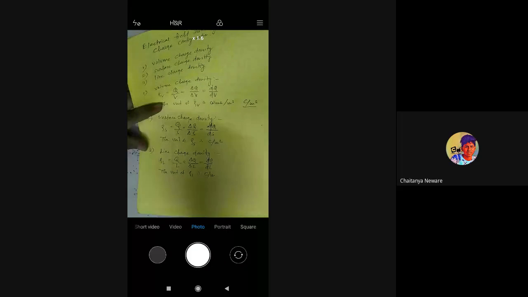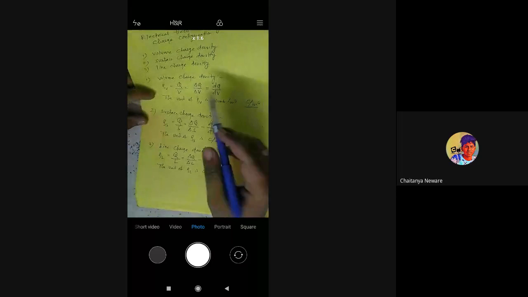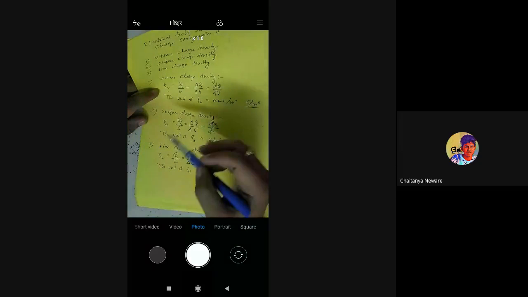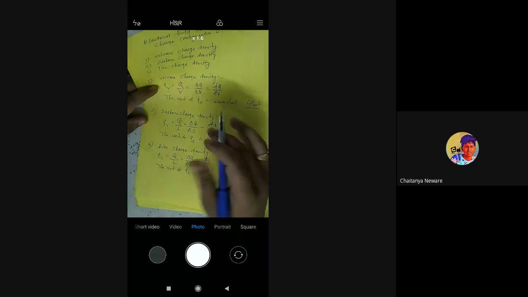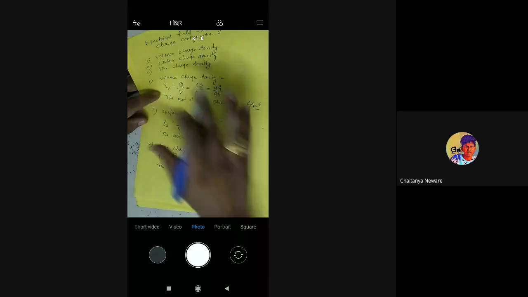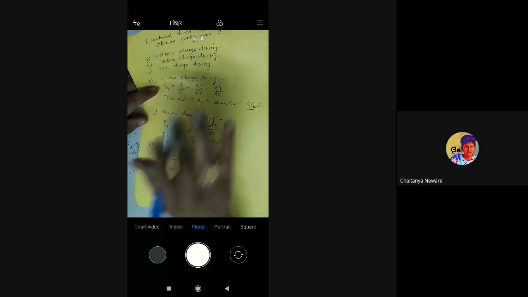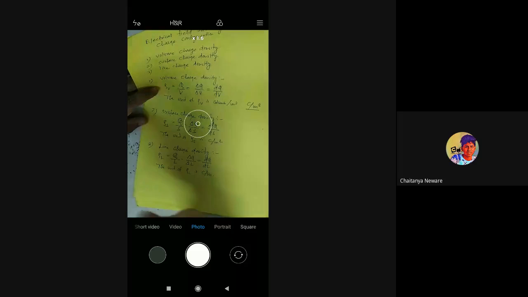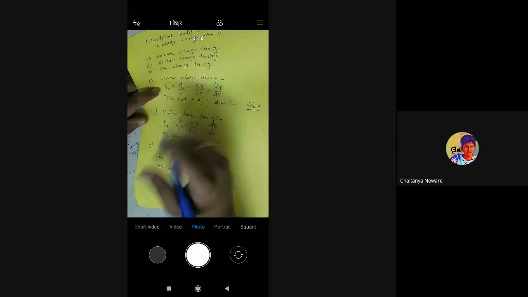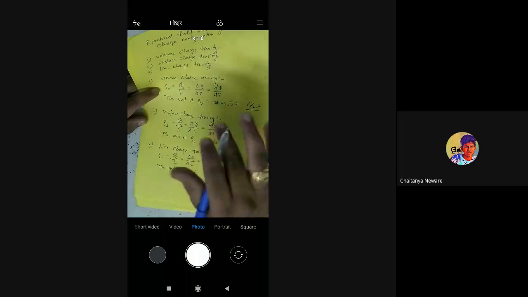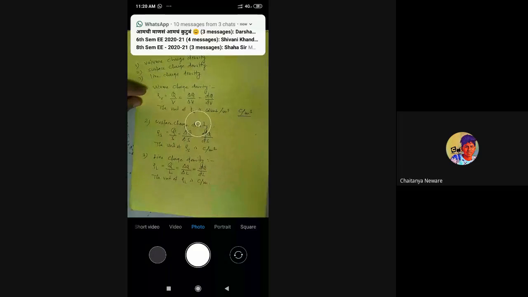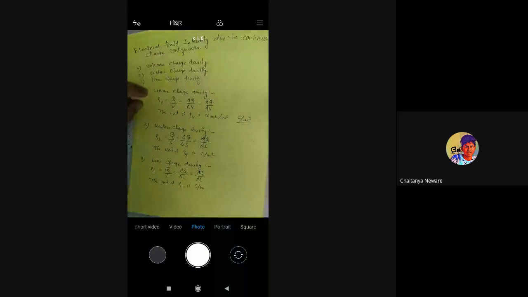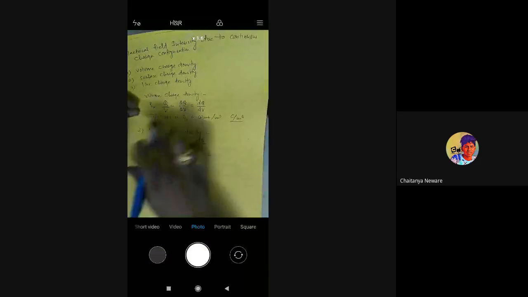meter. Okay, so here we have to find the volume charge density, surface charge density, and line charge density. If you are given the volume charge density and have to find the electric field intensity, these formulas are there. So the volume charge density is rho v.